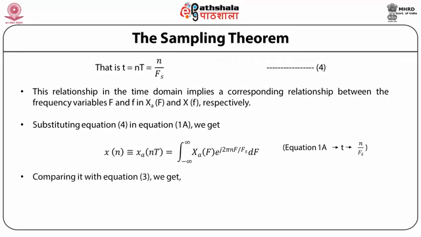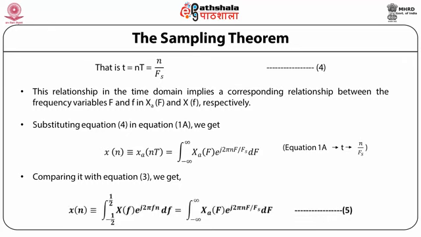So comparing this with equation 3, we get x(n) equal to integral minus half to half X(f) exponential j2 pi fn df equal to integral minus infinity to infinity X_a(F) multiplied by exponential j2 pi nF by Fs dF. We already know that f equal to F by Fs. So df will be equal to dF by Fs.